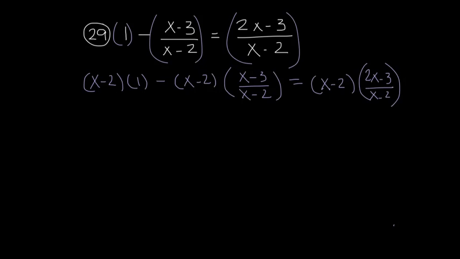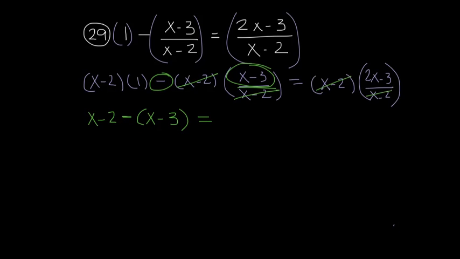Anything times 1 is just itself, so this first one is just going to be x minus 2. X minus 2 divided by x minus 2 just cancel each other out. What I have to be careful about here is that subtraction sign. I'm going to be subtracting the numerator, which I didn't touch, because there's more than one term. I'll keep it in parentheses.